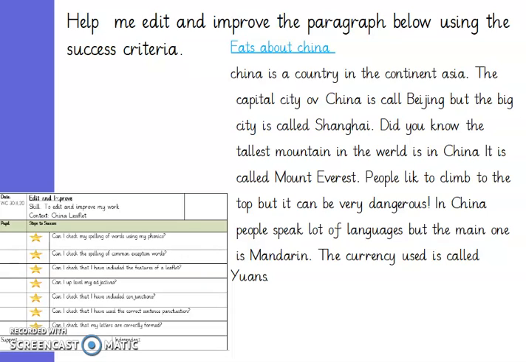The first thing I'm going to do is check my spellings using my phonics and check the spellings of the tricky words, the common exception words that I know. Facts about China.